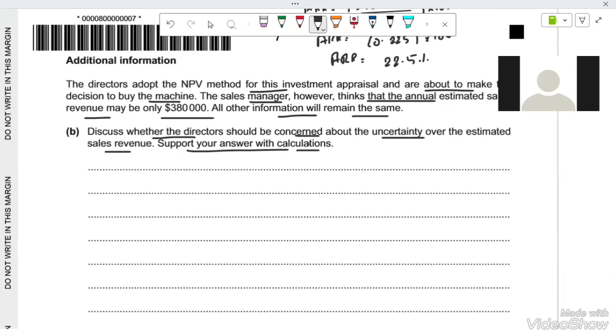Now we are going to recalculate the NPV with reduced sales revenue. NPV is equal to the summation of reduced net cash flow over (1 plus r) to the power t, minus initial investment.